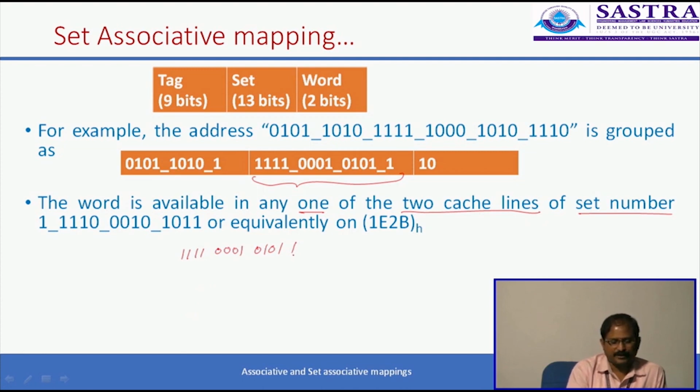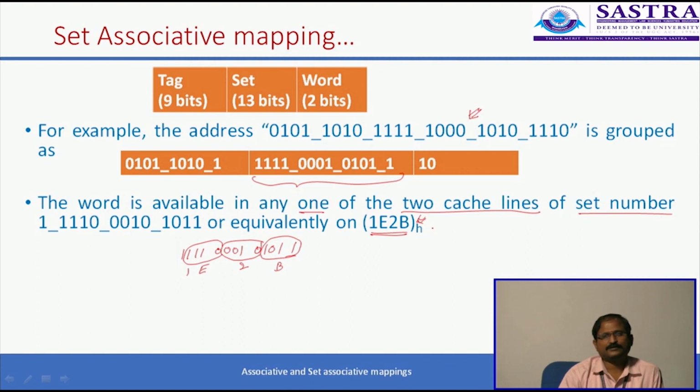In hexadecimal, this number is represented as, this one is B, this one is 2 and this one is E and this one is 1, 1E2B H. So this address will be available on this set only. That set has 2 lines, this may be in any one of these 2 lines.